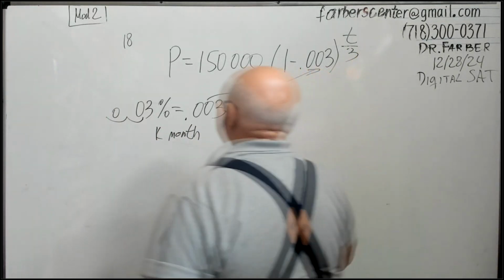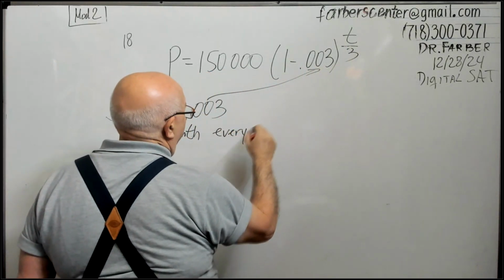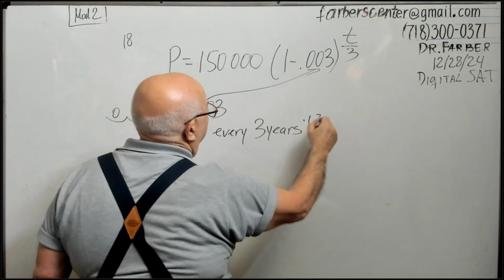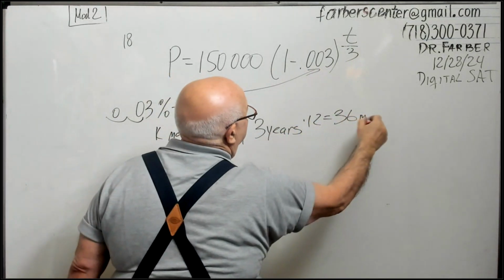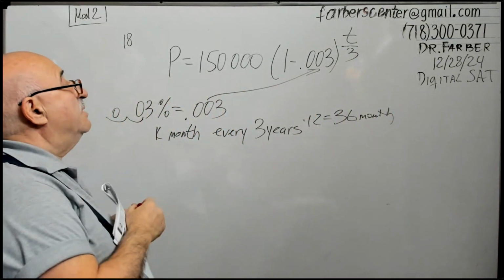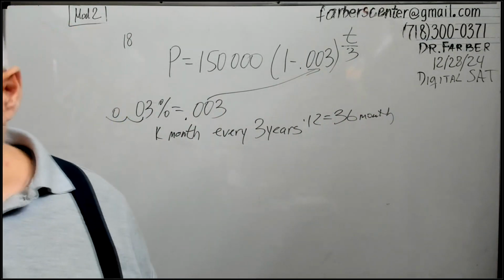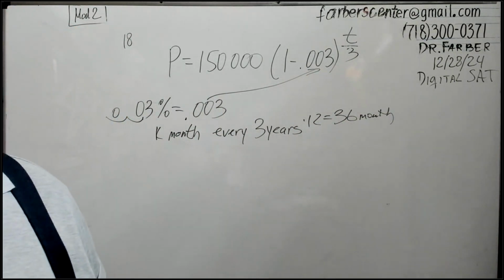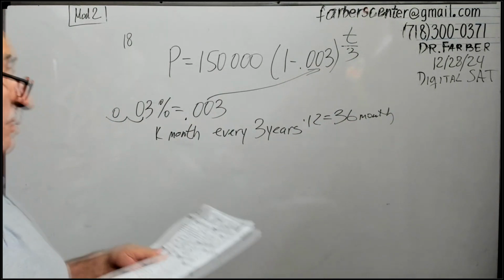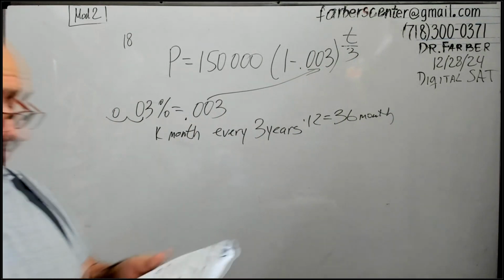It is the same if you multiply by 12, every 36 months. Structure of the formula: we have an exponential equation, many times used. Any questions, students? No questions. Okay. This was 18, right? Good. 19.